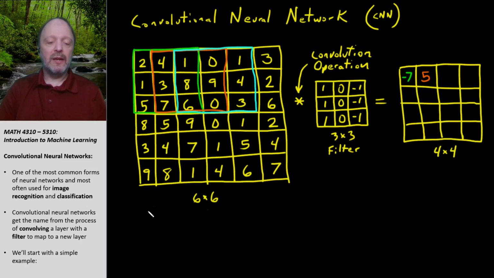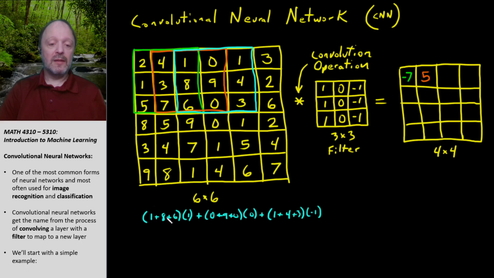So now we're going to have 1 plus 8 plus 6 times 1, plus 0 plus 9 plus 0 times 0, plus 1 plus 4 plus 3 times -1. So this gives me, what is that, 15, 0, and -8. So that is a positive 7 over here.